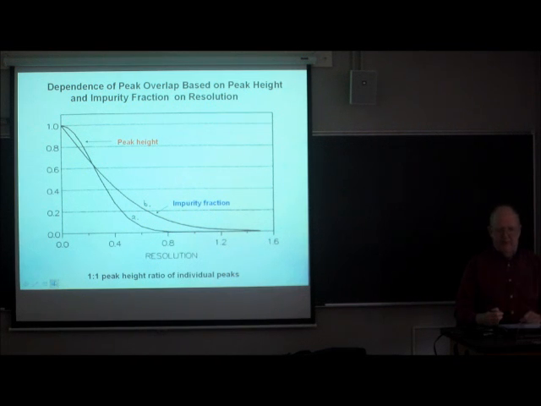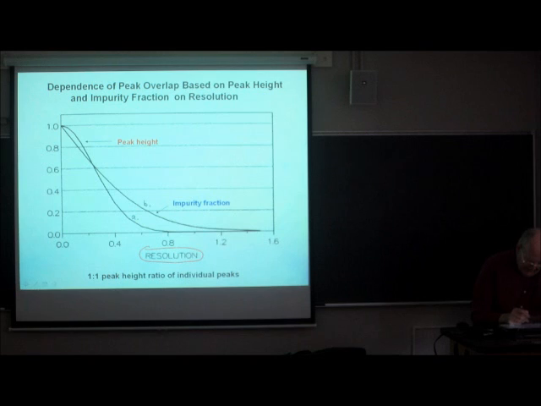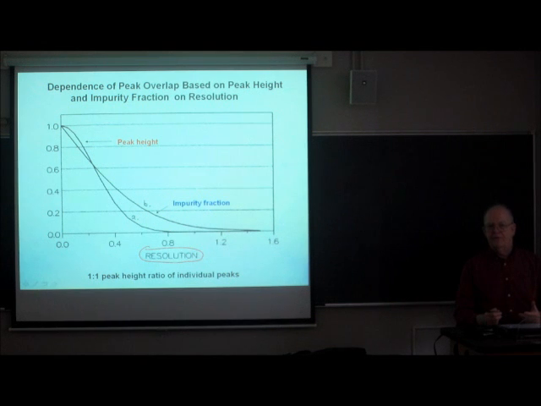And here's a plot of that. This is the error in height of one-to-one peaks and the impurity fraction of one-to-one peaks as the resolution gets bigger and bigger. And you see that out here, when we have somewhat decent resolution, a resolution of 0.4 is completely indecent resolution, because with one-to-one peaks, you can't see two peaks.